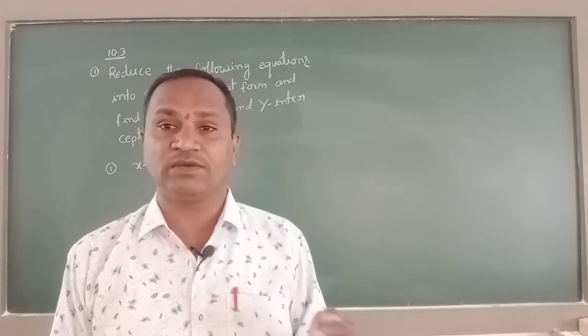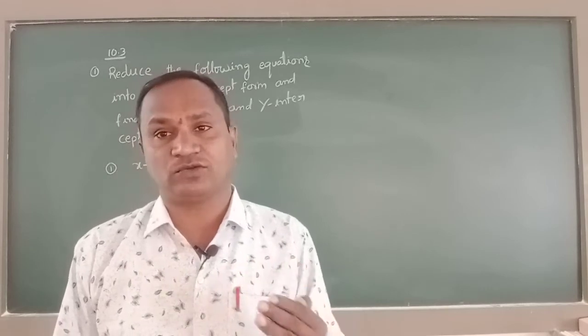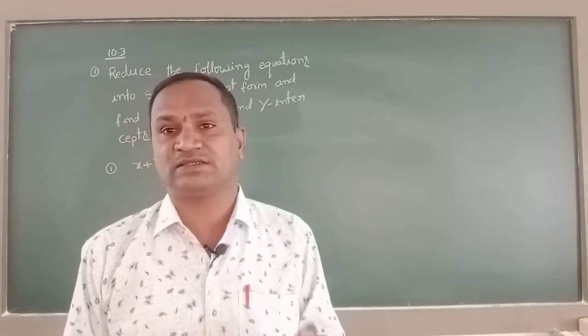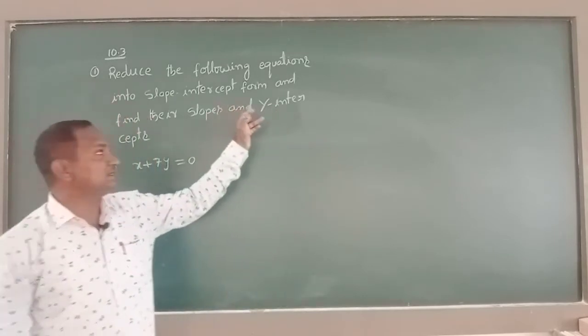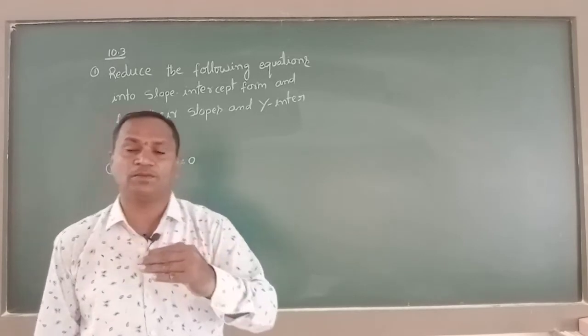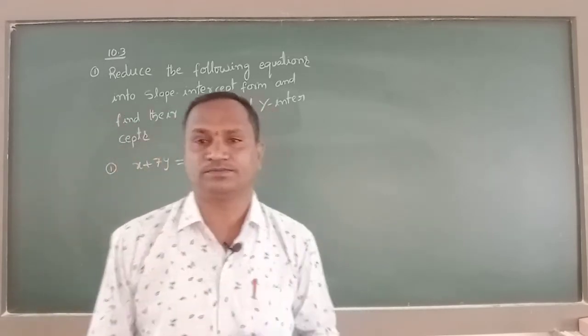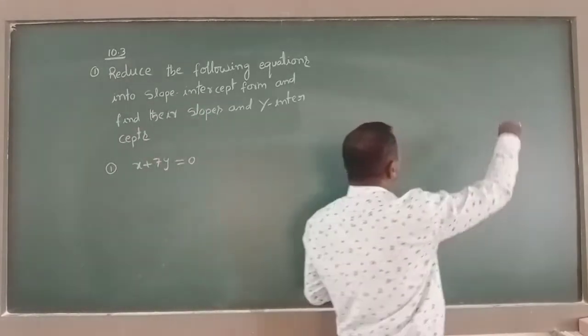Along with that, I have given the slope x intercept formula also. You may raise the doubt, why can't we apply the slope x intercept form? Because they did not ask about the x intercept here, they are asking only for the y intercept. What is the slope y intercept form formula? y is equal to mx plus c.